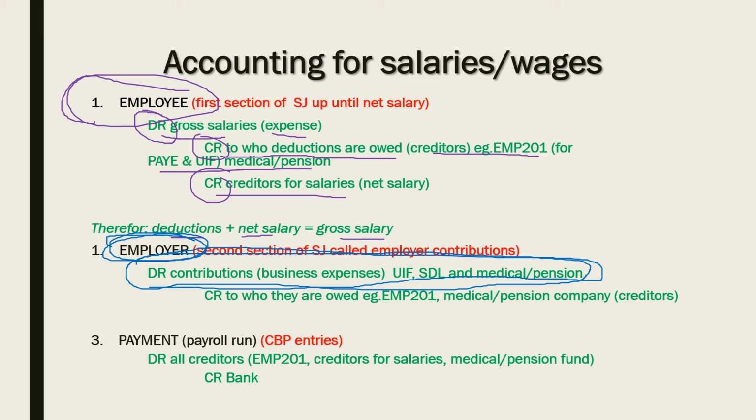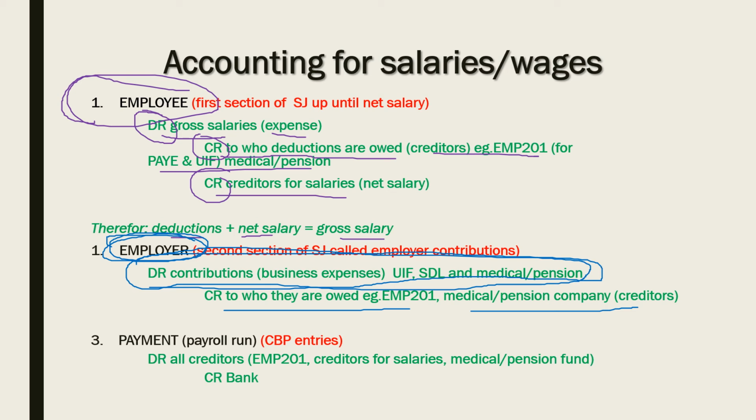You credit who these expenses need to be paid to. Again, they're also creditors. So you credit EMP 201 for all your tax-related things, SARS, UIF, SDL, anything that goes to SARS, and you credit the medical aid and pension fund company for whatever you need to pay to them. So debit and credit, debit a contribution, credit who the contribution needs to go to.